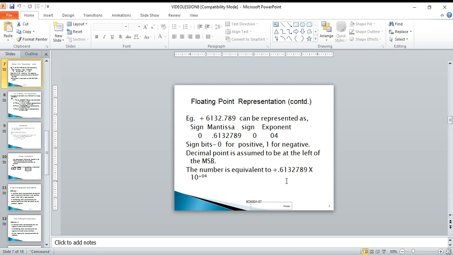So for this number we have to represent the sign of the mantissa and the sign of the exponent.